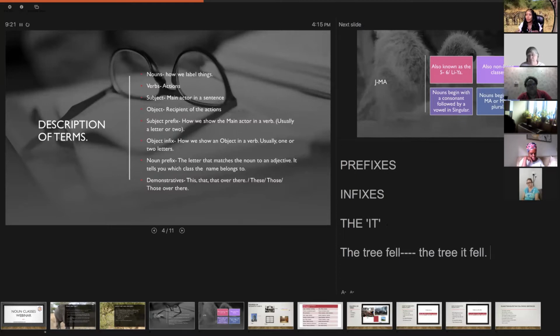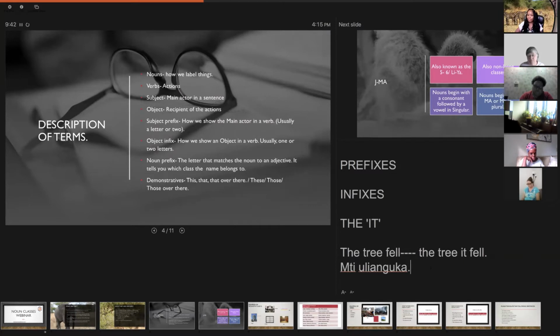In Swahili, that's how it would be rendered. The tree, it fell. So, mti ulianguka. So this prefix here, u, is the "it".